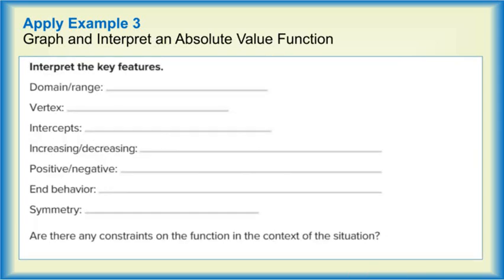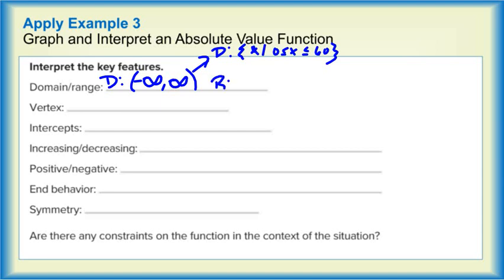First off, the domain. In this particular problem, our domain could be negative infinity to positive infinity, but with the constraints, the better way of saying this would be x such that x is greater than or equal to 0, but less than or equal to 60, because they were only gone for an hour.